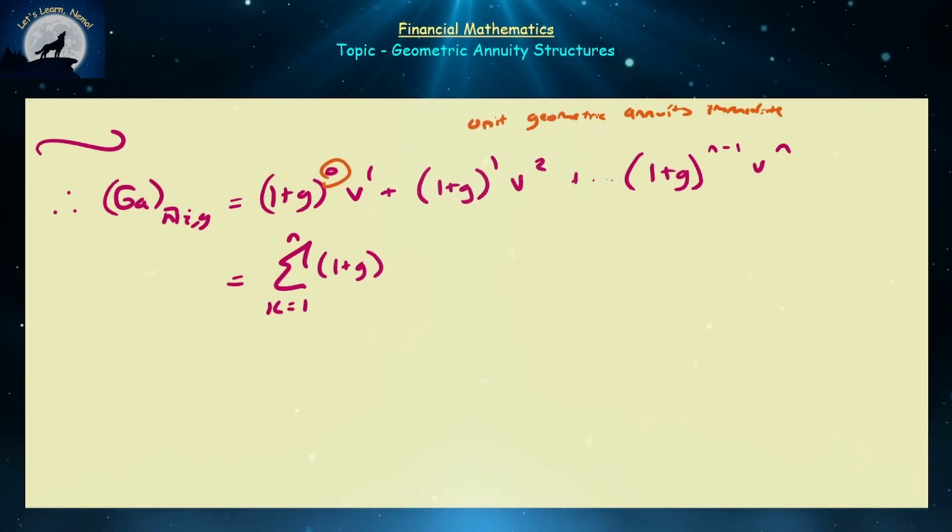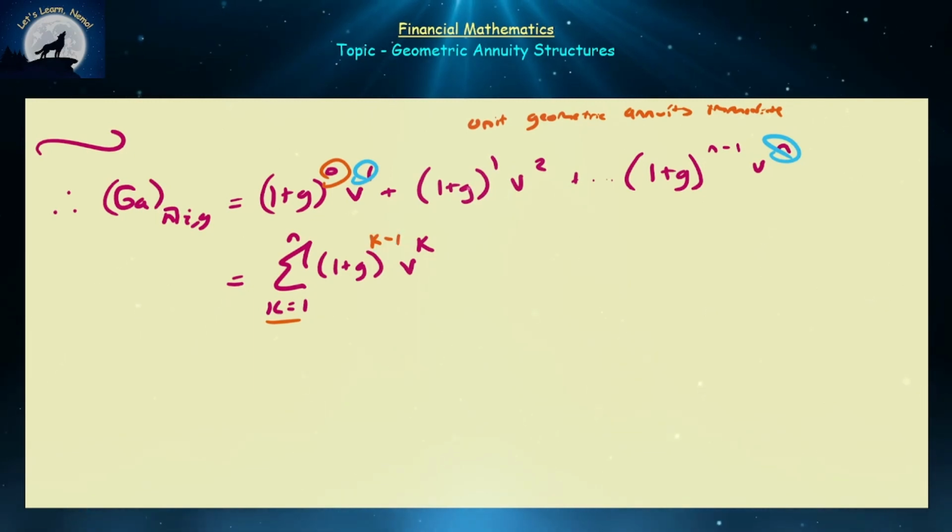Notice (1 + g) starts at 0, so if we put that as k, since we start at 1, we have to subtract 1 to start at 0, and then obviously our ν's are going to match our indices. Since k = 1 ranges from 0 to n - 1 under k - 1.